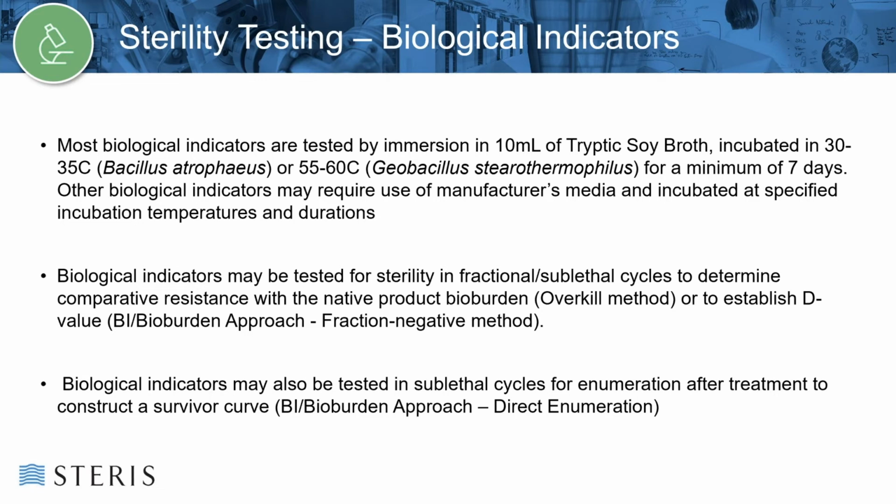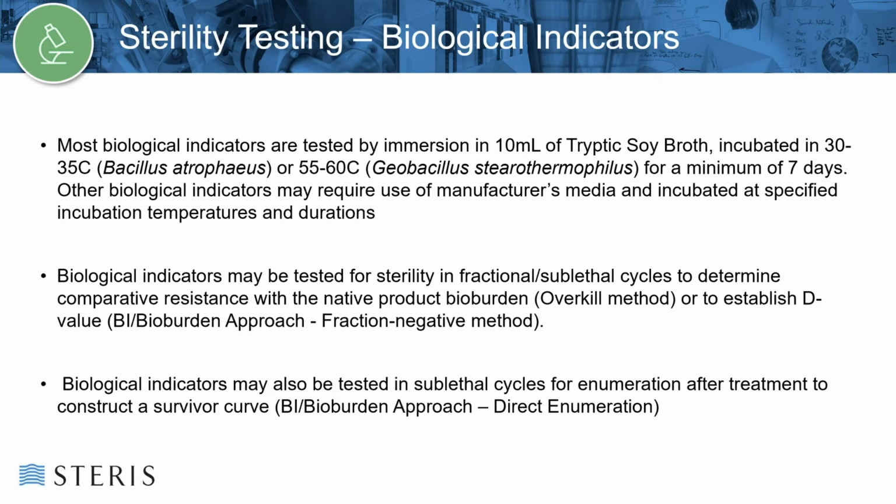Biological indicator organisms utilized for gas methods would be Bacillus atrophaeus, 30 to 35 degree incubation, used for ethylene oxide sterilization, or Geobacillus stearothermophilus, 55 to 60 C, often used for vaporous hydrogen peroxide sterilization.